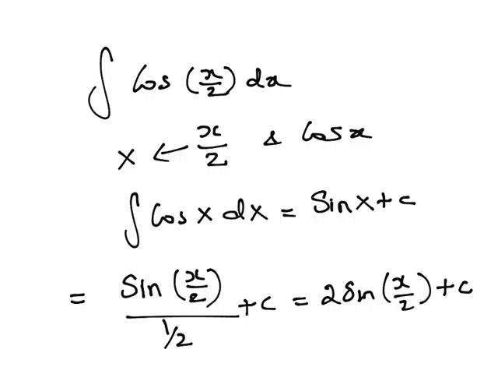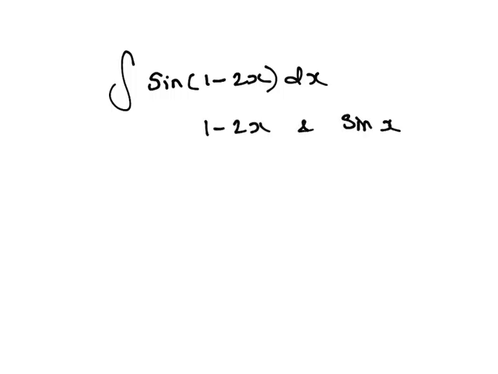Okay, so one final problem involving a circular function and a linear function. So let us say integral of sine of 1 minus 2x dx. So here I have 1 minus 2x, which is linear, and sine x, which is a circular trigonometric function.